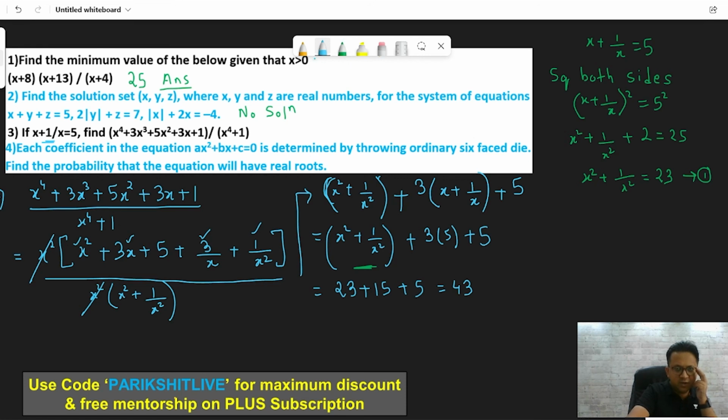The denominator is x square plus 1 by x square, which from equation 1 is 23. So the answer is 43 by 23, and that's your answer. The answer for the third one is 43 divided by 23.